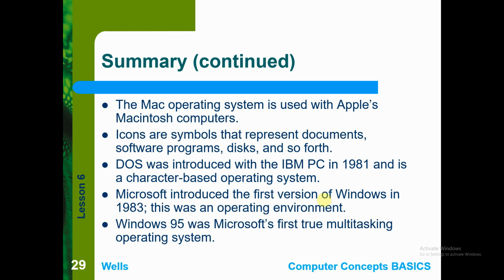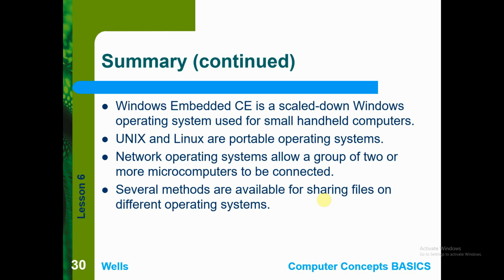And the DOS introduced by IBM PC 1981, ang character-based operating system, and was later on became the Windows naton. And the first multitasking OS is the Windows 95. So embedded systems naman are scaled down OS for handheld, and Unix and Linux OS are for the portable versions of our operating systems.